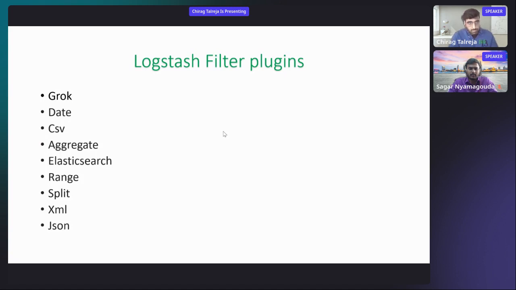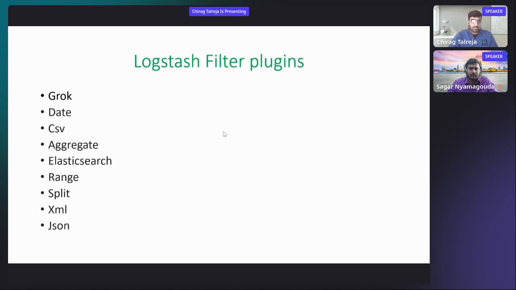Then we have the date plugin. Sometimes for certain fields, we can parse our date fields and store them as a timestamp for the Logstash events that we have been receiving. Those can act as a tag to our events. Again, I'll show an example of how we can use this filter.